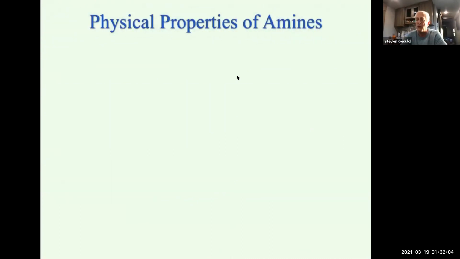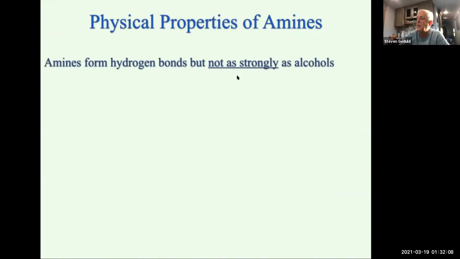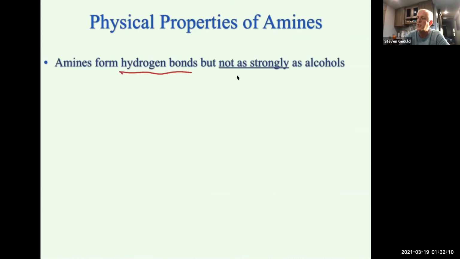So, those medications are amines. We'll get to what those are in a minute. But first, physical properties of amines. Amines form hydrogen bonds, just like OH forms a hydrogen bond, NH forms a hydrogen bond. It's not as strong as alcohols. Okay, in alcohols, oxygen is more electronegative than nitrogen. So oxygen pulls those electrons closer, giving it a stronger negative charge, and the hydrogen a stronger positive charge.